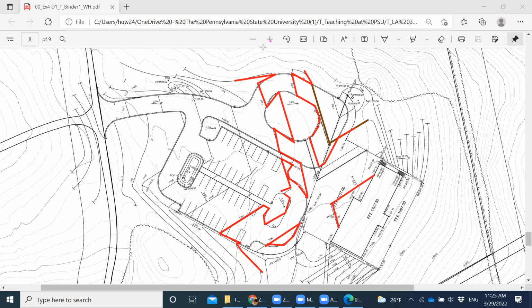Let me choose a brown here. Your 6 is actually off. That's a little confusing now. So 7 goes over here, that's the old one. Your 6 is actually somewhere here.